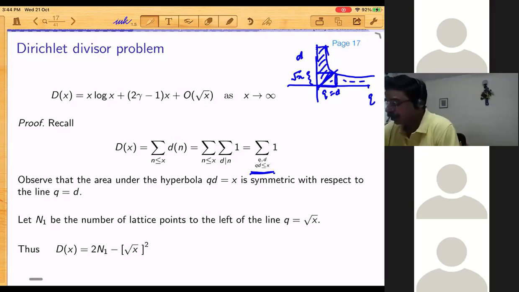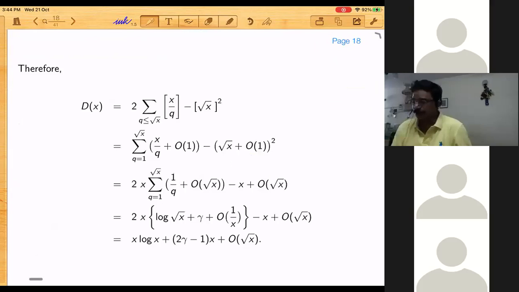It's quite elementary. Therefore, what we get is D(x) is 2 times the number of lattice points, sum of x by q, q less than or equal to square root of x, minus the area of the box with side square root of x.